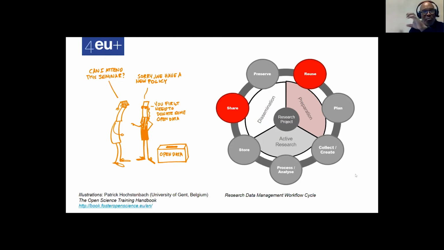And two very important components of the research data management workflow cycle is the reusability of data and the ability to share data. I won't focus so much on the other items in the workflow cycle, but when it comes to the ability to make your data available to be shared and used, you'll find that the FAIR data principles are very, very important components to that.